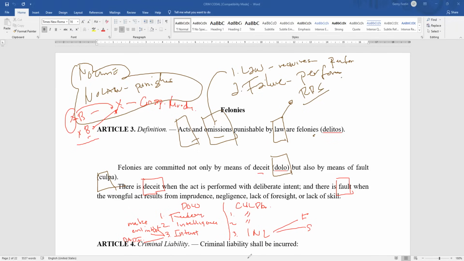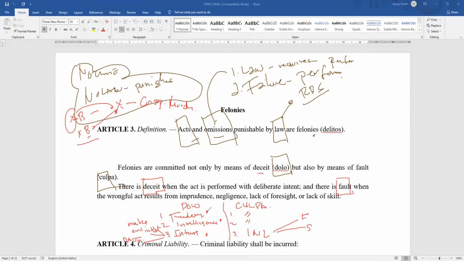So, ang tanong ngayon, if you are the prosecution, it is your duty to prove these elements, especially if it's dolo. Halimbawa, murder. You have to prove the criminal intent, the elements of the crime, and that the accused has intelligence and also freedom. Now, what is the duty of the defense?